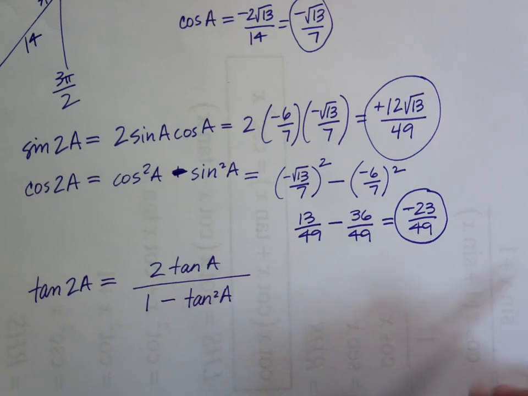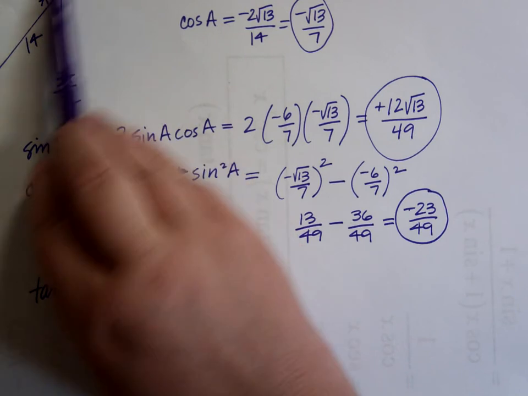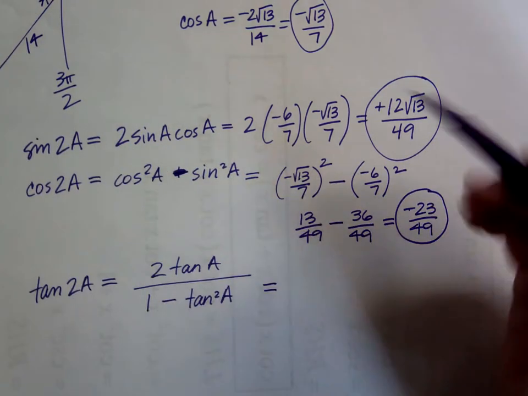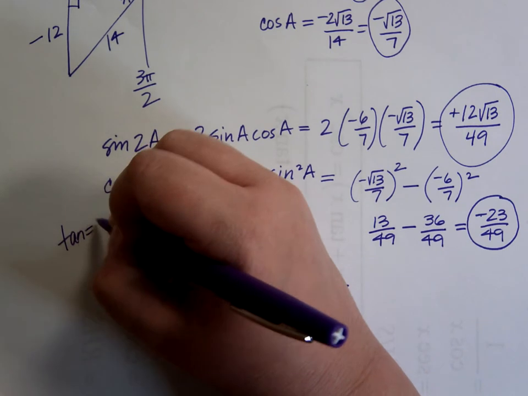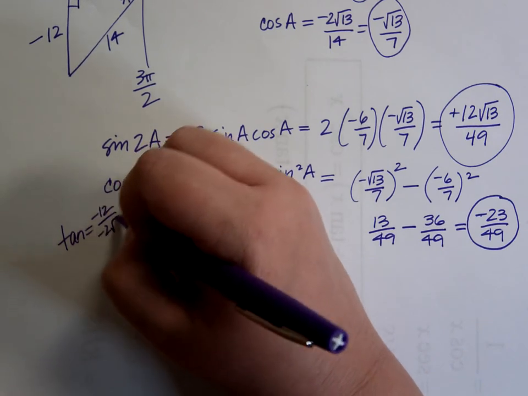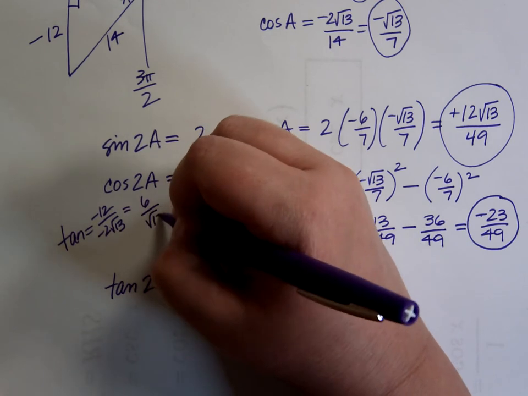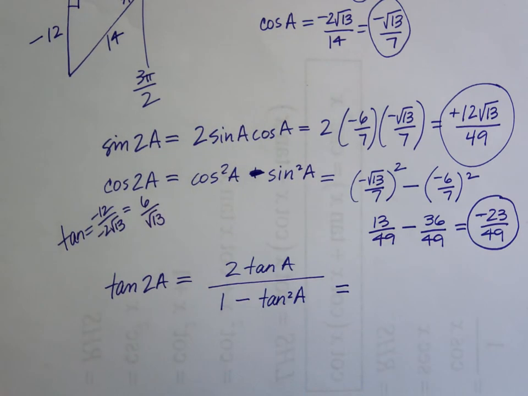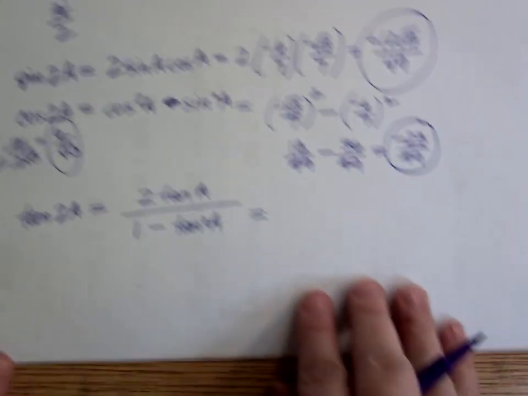Let's figure out what the tan was again. Tan is negative 12 over negative 2 root 13, which is 6 over root 13. I'm going to leave it like that just for right now because that's not a final answer for me when I'm doing all this.